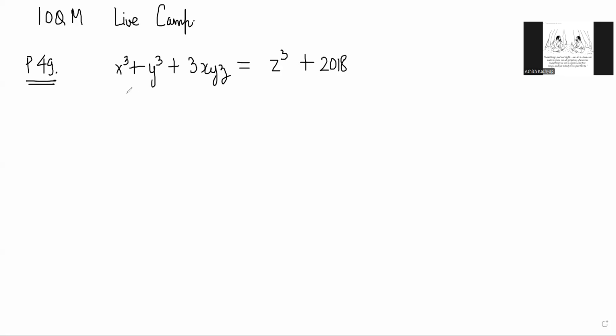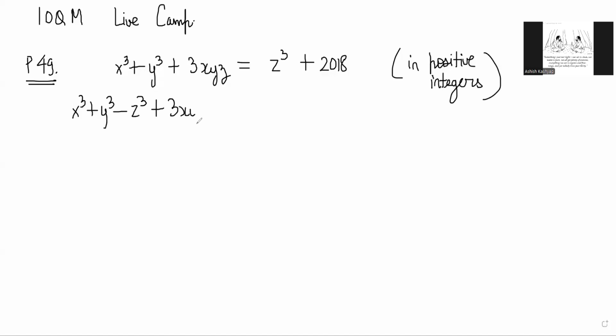We saw here, we have to solve this equation in positive integers. So the first thing we did was we wrote it like this: x cube plus y cube minus z cube plus 3xyz is equal to 2018. And we factorized it by using the a cube plus b cube plus c cube minus 3abc formula, where c is minus z.